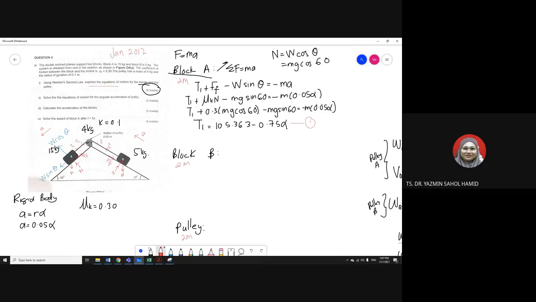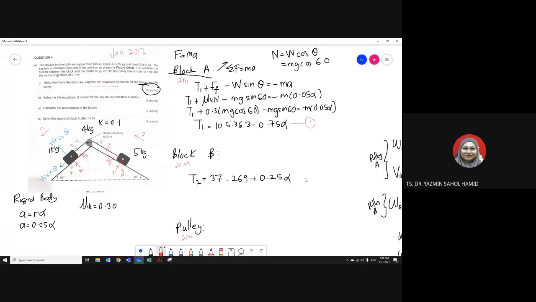So you need to do the same process for block B. I'm going to make this quick. Your answer will be 37.269 plus 0.25 alpha.